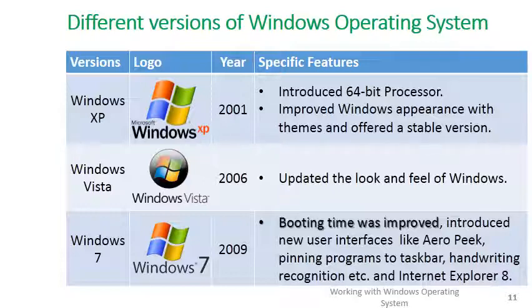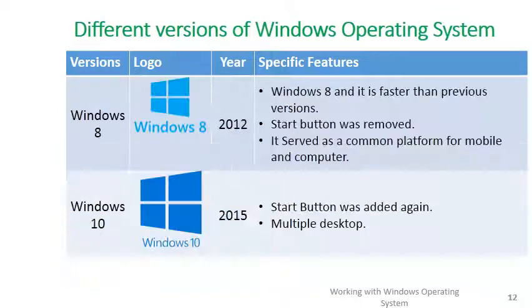Next, Windows Vista was developed during the year 2006 and it updated the look and feel of Windows. And next, Windows 7 was introduced in the year 2009. Here, booting time was improved and new interfaces were introduced.